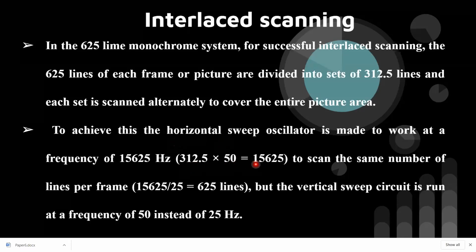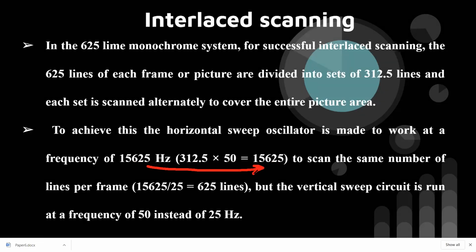We get 15625 Hz. So this is the frequency we are able to achieve, and this 15625 is required to scan this number of lines per frame.